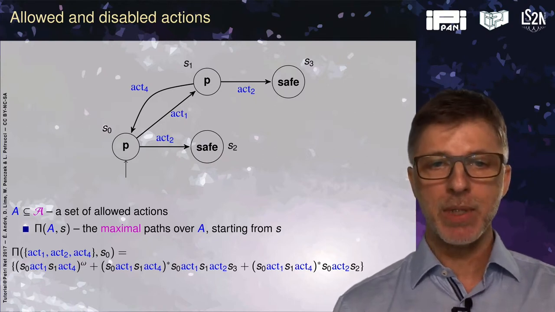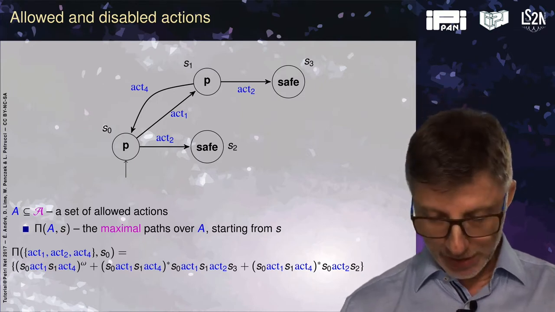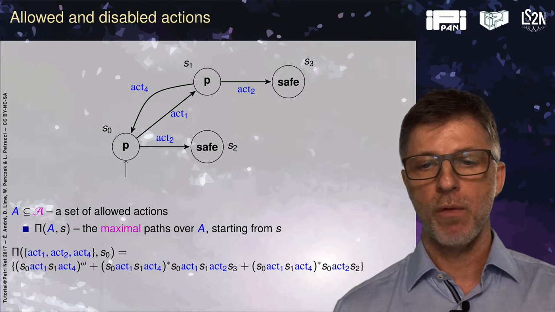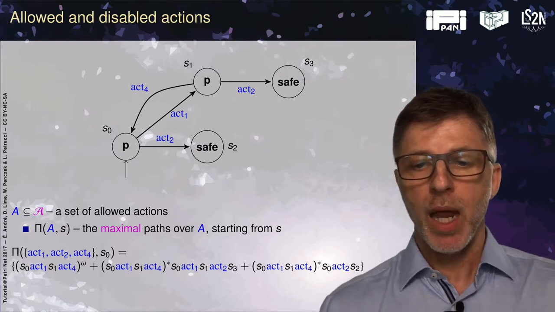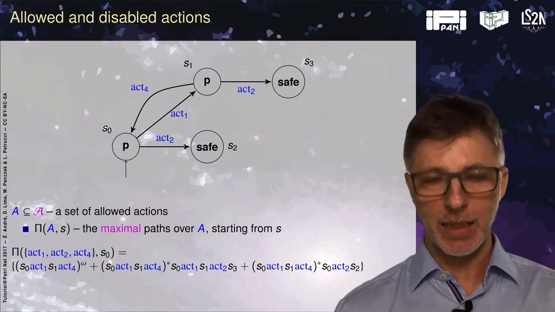And there is another possibility for a set of maximal paths, when there is any number of executions of Act 1 followed by Act 4, and then only action Act 2 at the end.